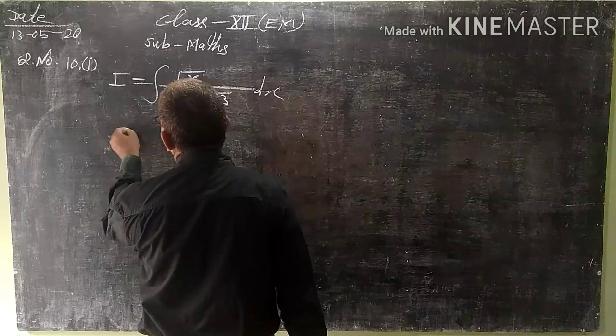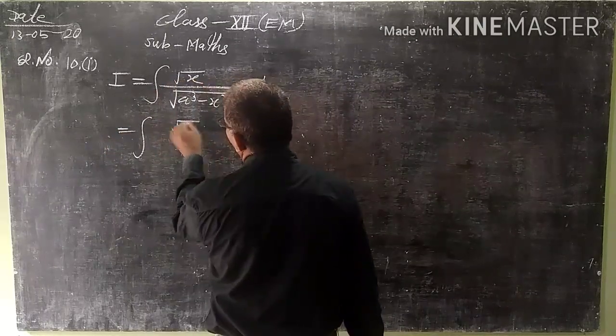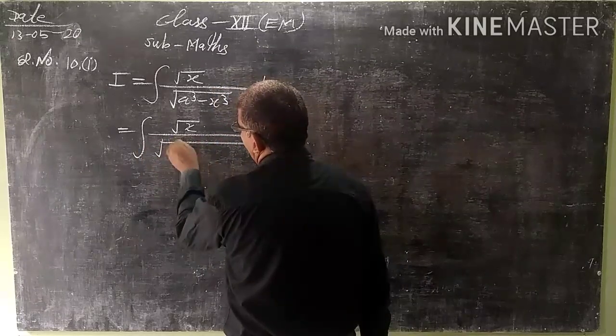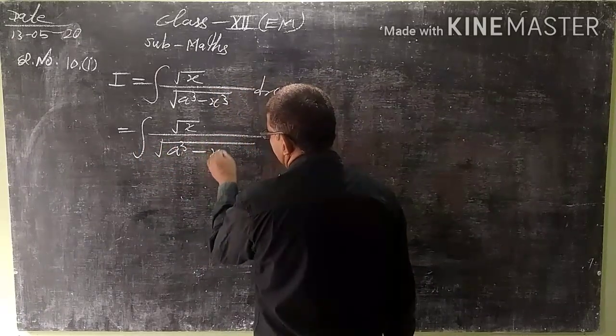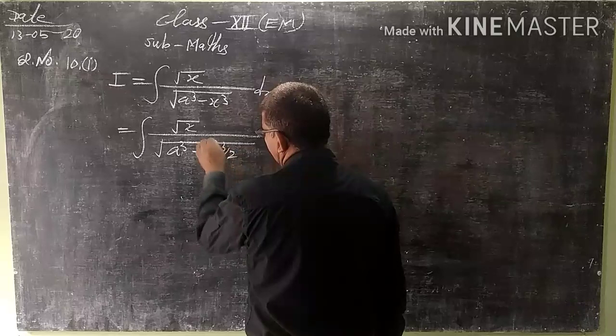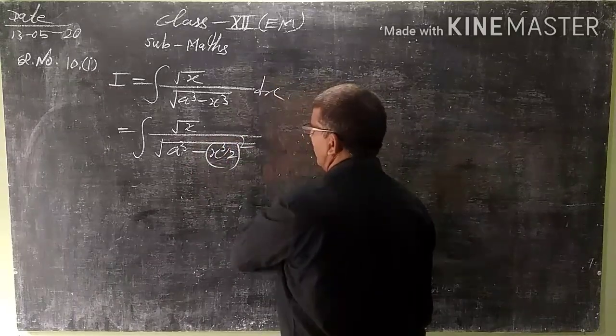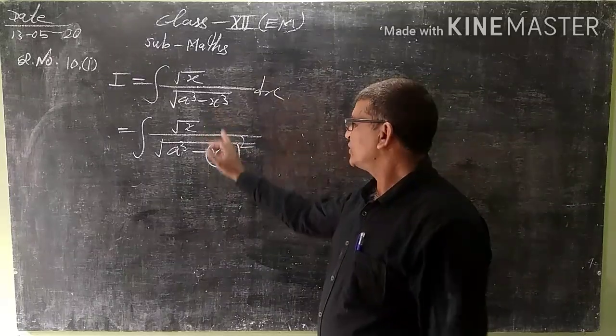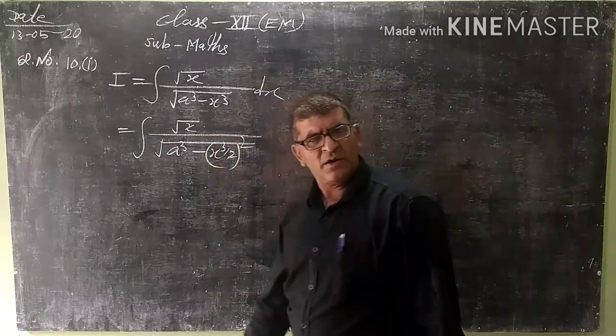It can be written as under root x upon under root a cube minus x power 3 by 2 whole square. It will be the same as x cube when 2 cancelled by 2.